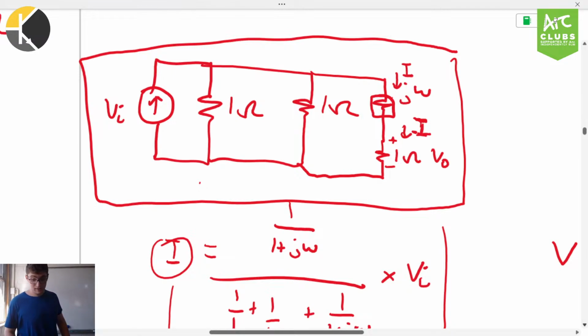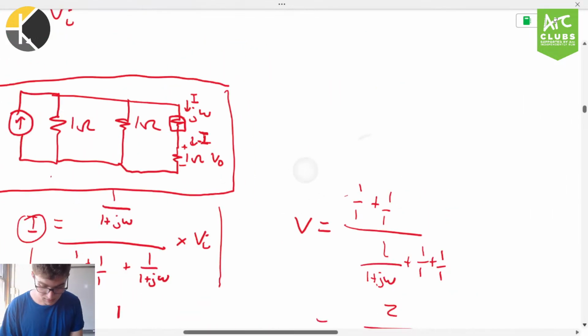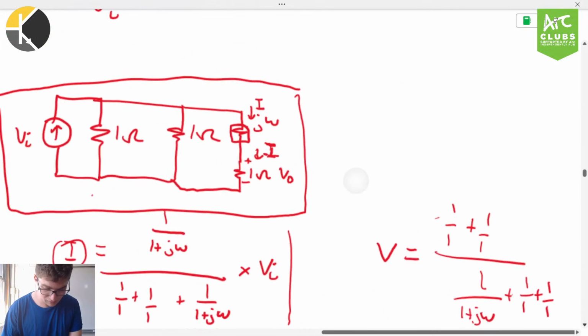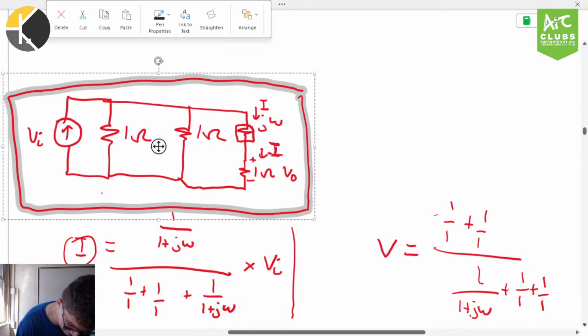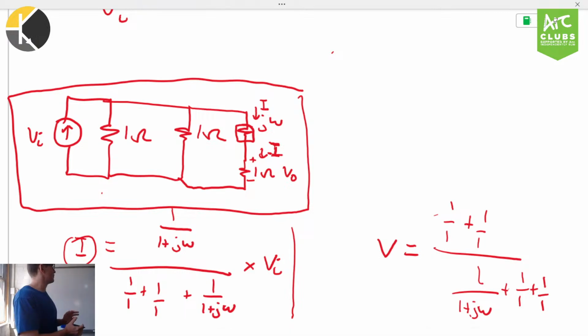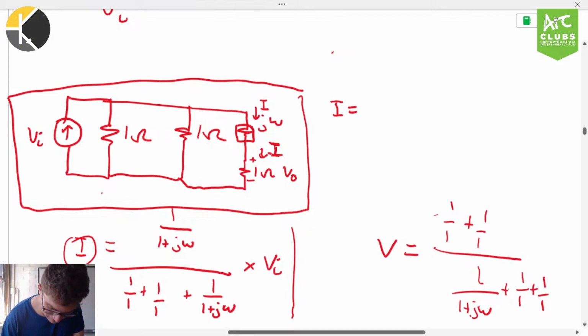And the way I'm going to do that is I am going to use a current divider. This VI over here is actually a current. It's just that we're using the symbol because we did a source transformation. So what we can do is we can say this I, we just use a normal, what's the current coming out of here? It's VI.